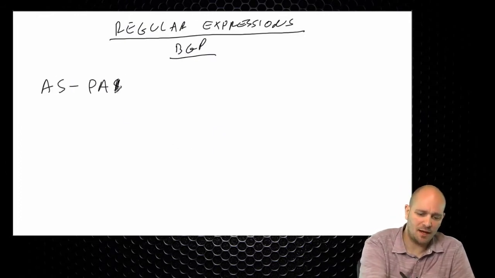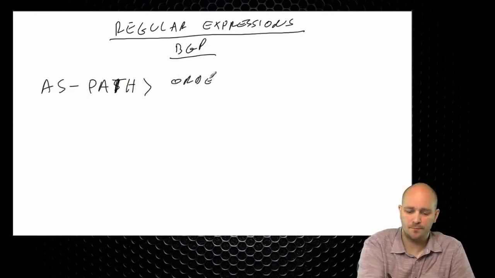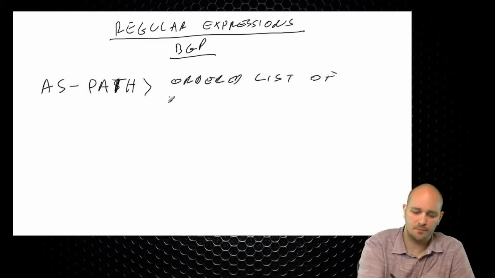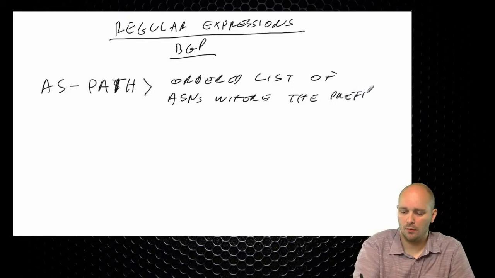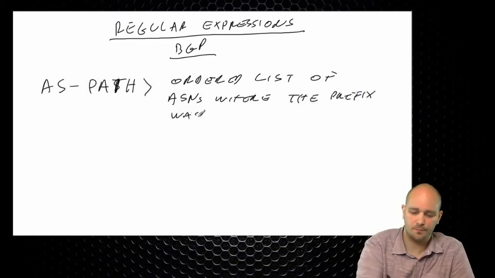The AS path is basically just an ordered list of autonomous systems where the prefix was present.